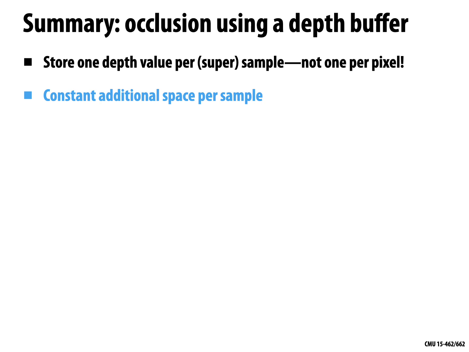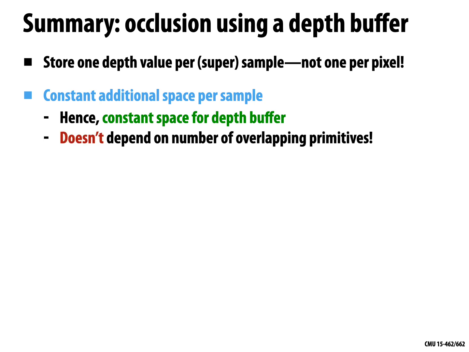We used to be storing a color value, which might be 3 values, red, green, blue. Now we're adding just one additional value, the depth. So overall, we're just adding constant space for our depth buffer. This doesn't depend at all on the number of overlapping primitives. There's no fancy data structure to keep track of ordering. Just one value, the minimum depth value at each sample point.